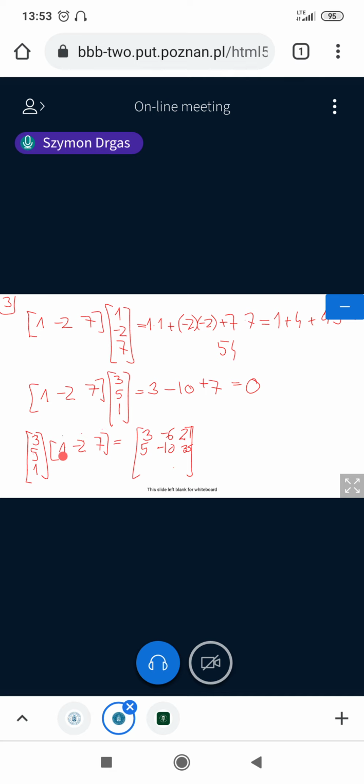And in the last row, all components of the second vector will be multiplied by 1, so we'll have 1, negative 2, and 7. Now I think that we can move to rules of multiplication of matrix by matrix.